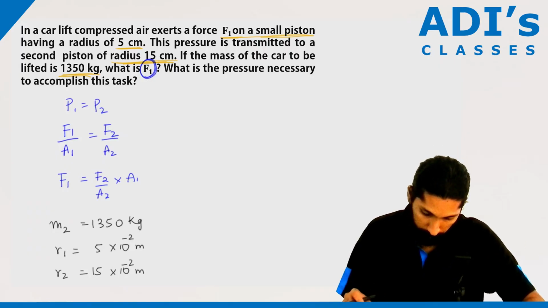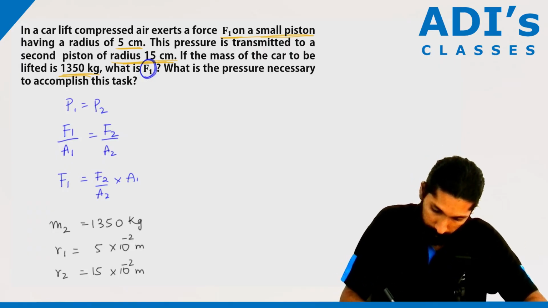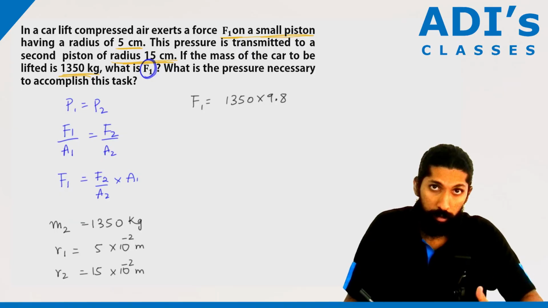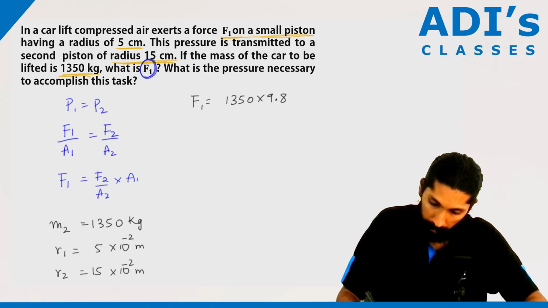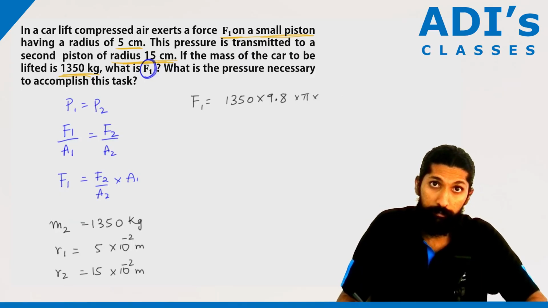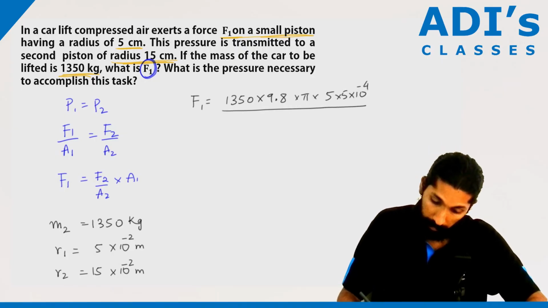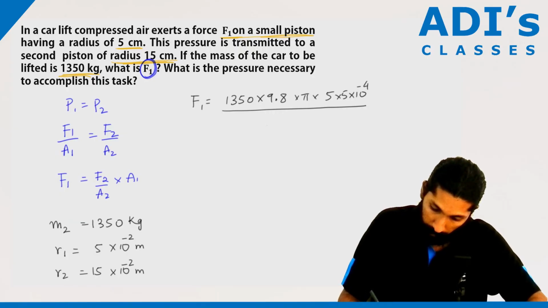Now if you apply this one, F1 is equal to 1350 into 9.8, that is m into g, weight is mg, into pi into 5 into 5 into 10 to the power of minus 4, divided by A2, which is pi into 15 into 15 into 10 power minus 4.